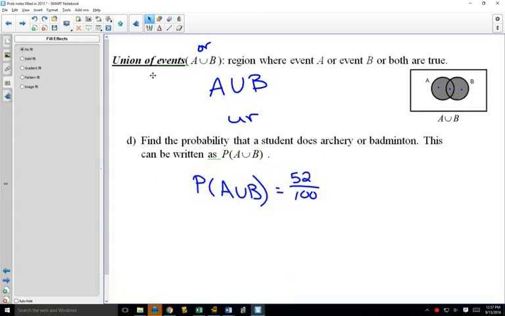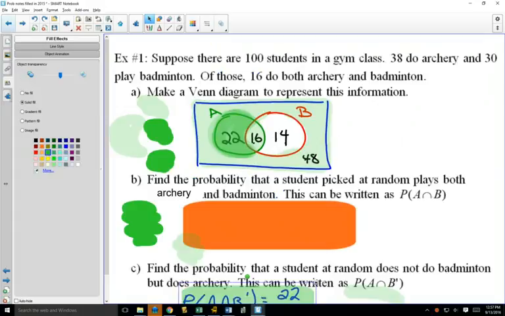So find the probability, going back, that a student does archery or badminton. If we're looking at our Venn diagram from before, we're going to add up all three of those sections. The number one mistake when doing this question is that people see 38 do archery, 30 do badminton.